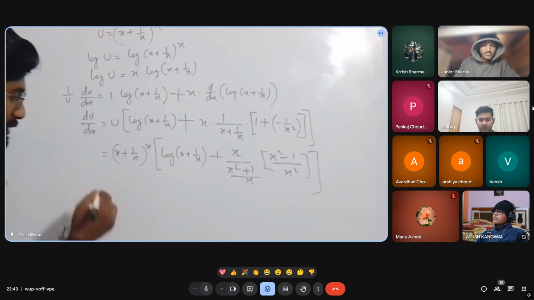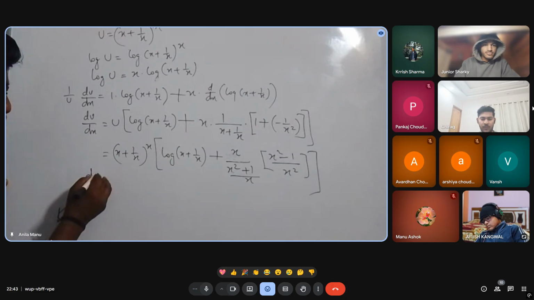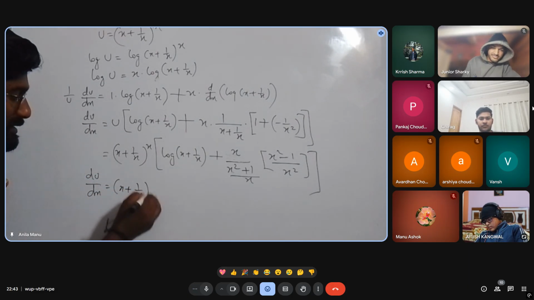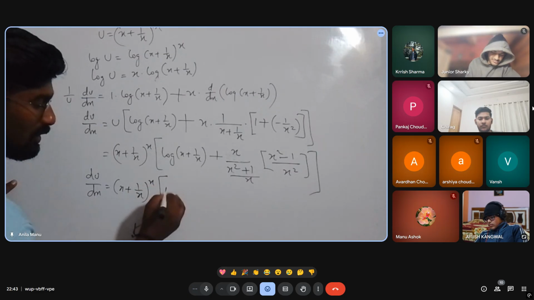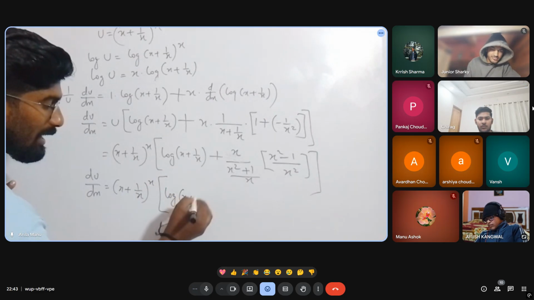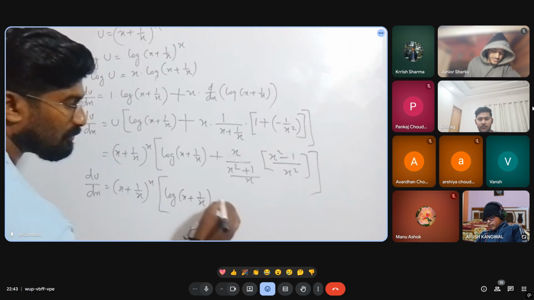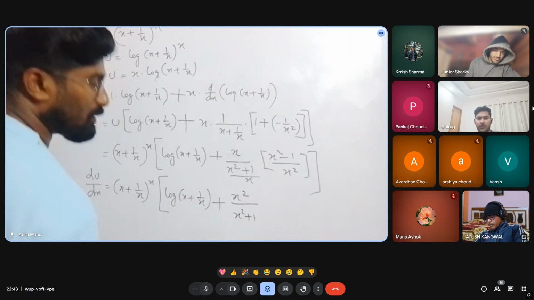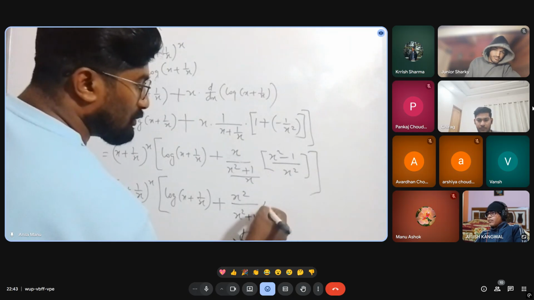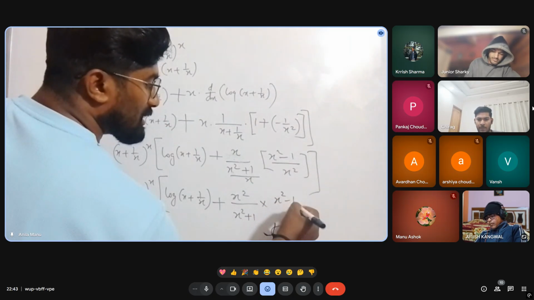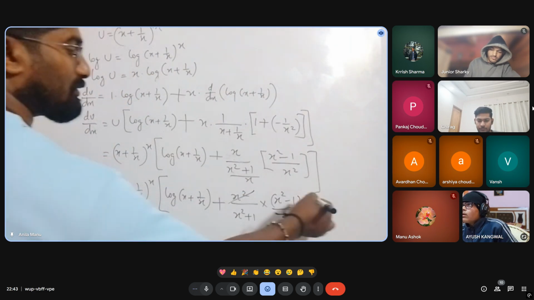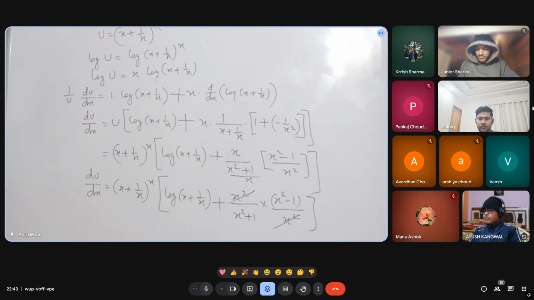So see, you will get here du by dx is equal to (x plus 1 by x) raised to x into log of (x plus 1 by x), plus this will be x square by (x square plus 1), okay, into (x square minus 1) by x square. These two x square we can cancel. Okay.